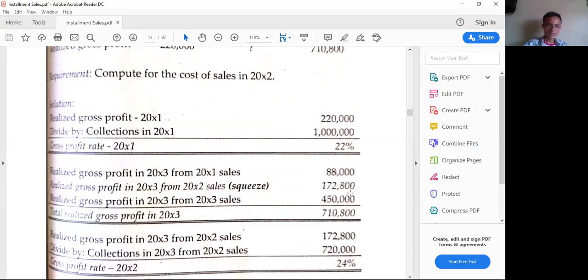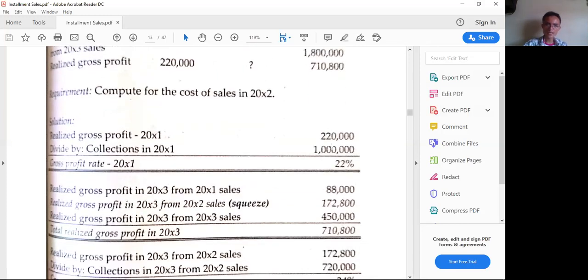For 20x3, the realized gross profit is based on the collection of the 20x1 sale in the year 20x3. And that is going to be the basis for computing the realized gross profit. So here, 22% multiplied by 400,000 is 88,000.